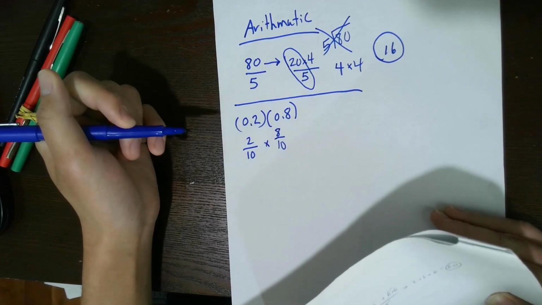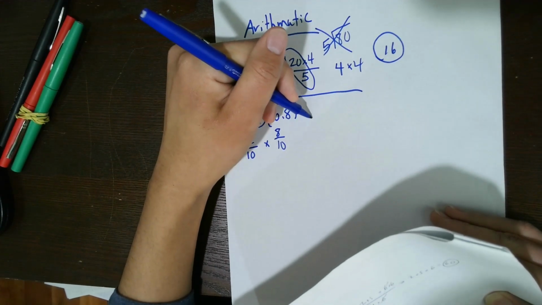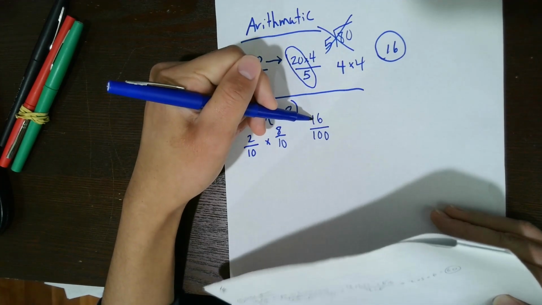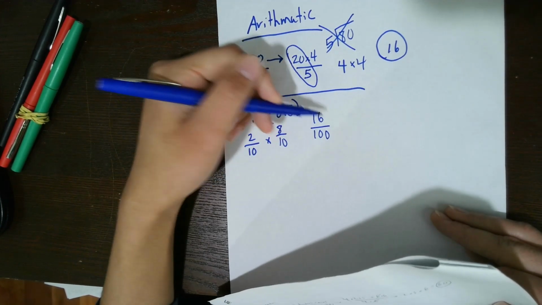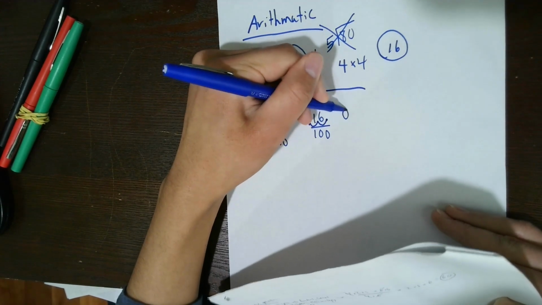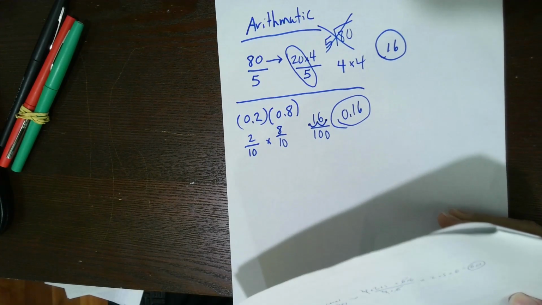And I multiply the fractions, so I multiply the tops and the bottoms. So 8 times 2 is 16, 10 times 10 is 100, and then 16 divided by 100. Anytime I divide by 100, I just move the decimal point twice to the left. So I get 0.16. So just plain and simple like that.